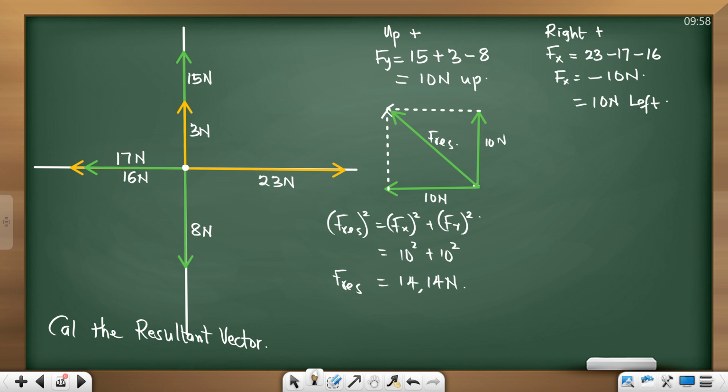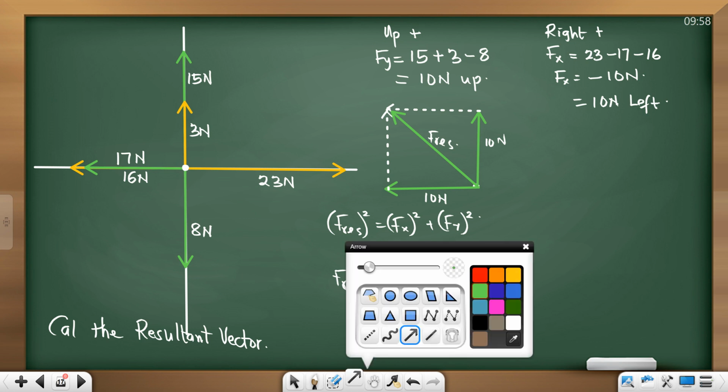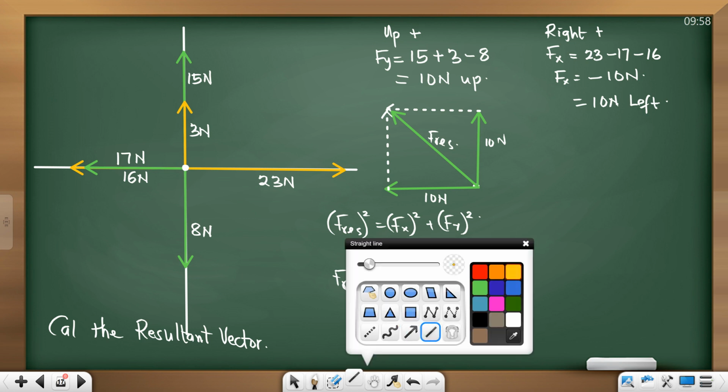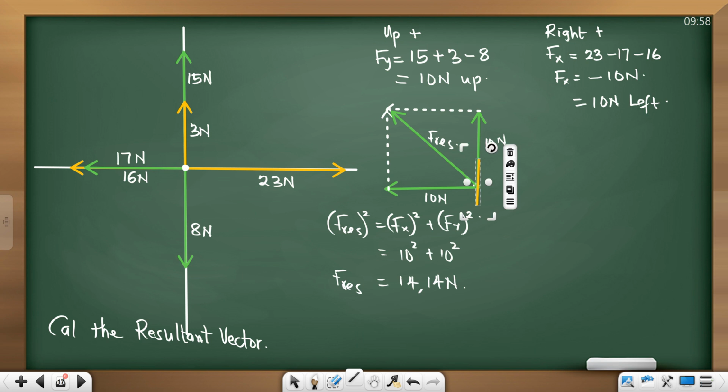Is that okay? Now, remember what we said, that this thing should be measured from the positive x-axis, and that should actually be from here to that side. That's how it's supposed to be measured. But now, like I said, we're going to do some complex questions. This side is out of my diagram, right? Which means I can calculate that angle.